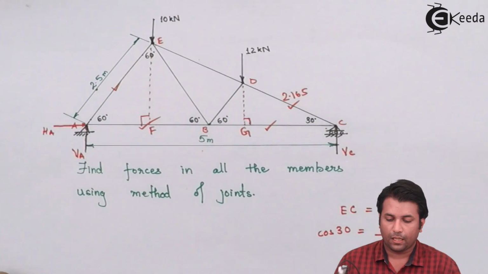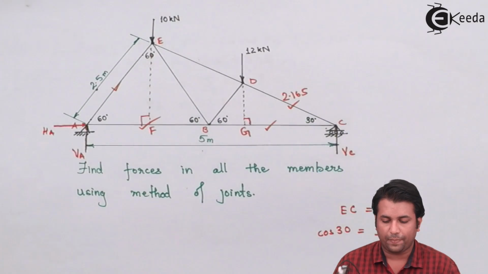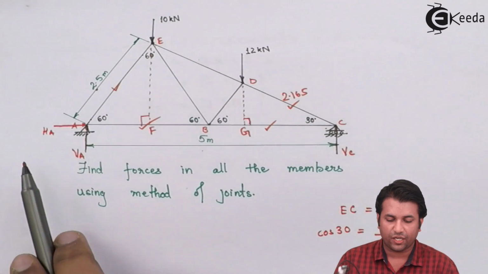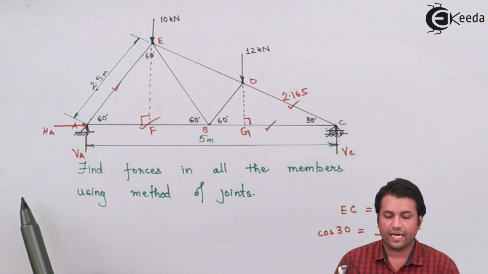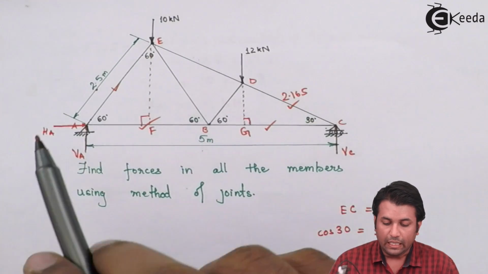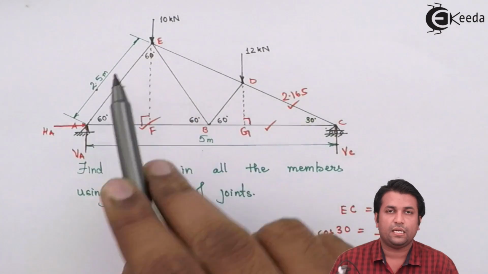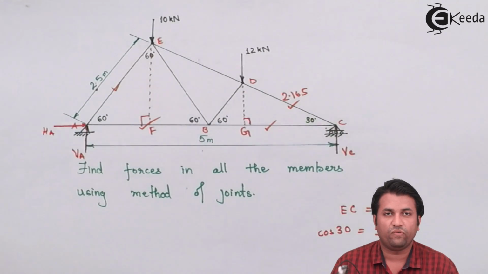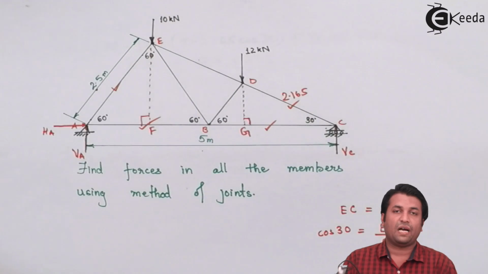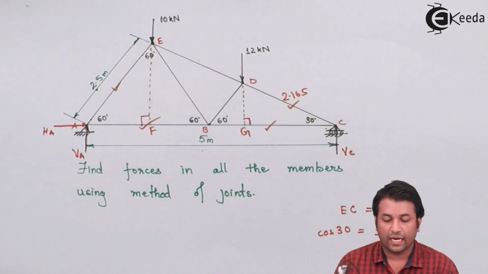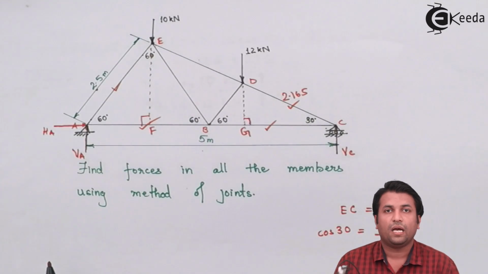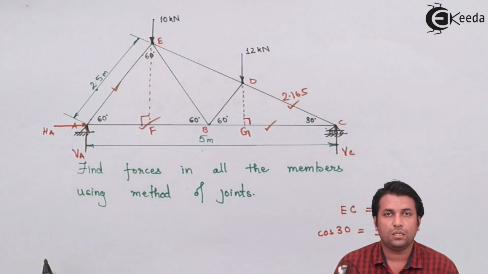In this case, if I take joint A, what happens? HA is the horizontal force for which I'm not having any reaction. Then VA, the vertical reaction, I got the value for that. The force in the member AE is an unknown force. The force in the member AB is again an unknown force. So I'm having two unknown forces at joint A. If I apply the condition of equilibrium, I can find the forces in both the members.